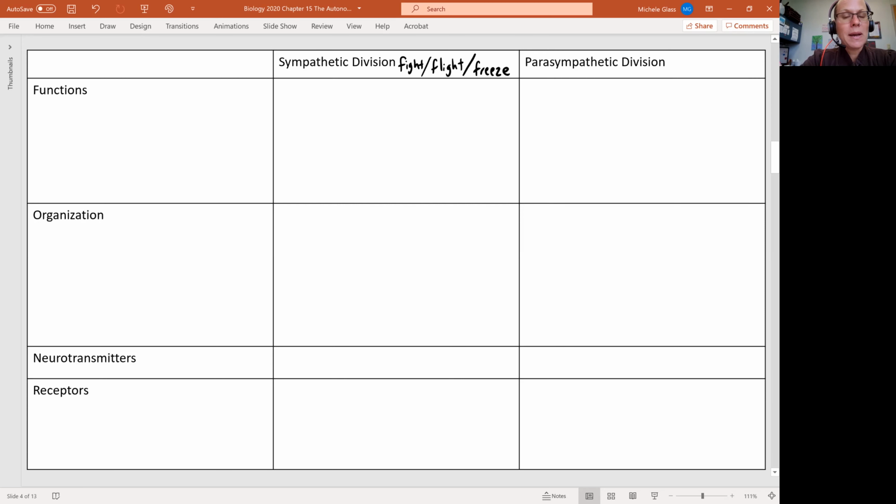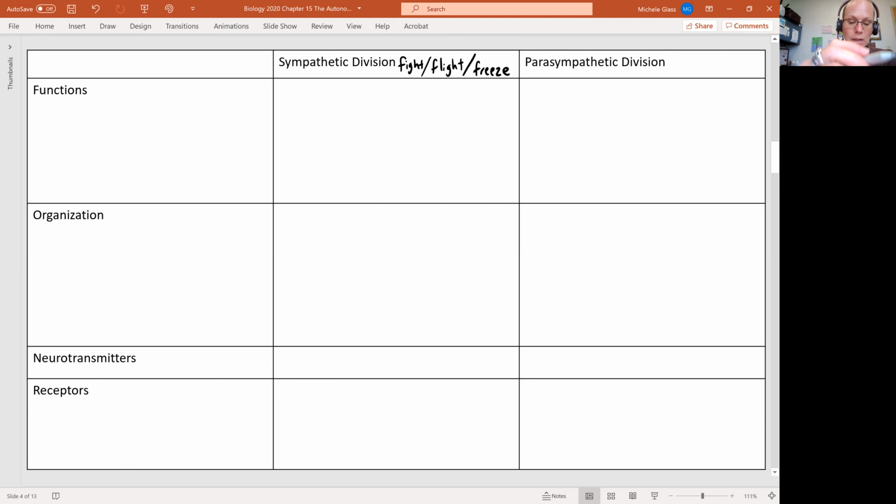When we talk about gearing up the body for these kinds of stressful situations, we should think about activating the body. And we've said in this course, in this context, body is talking about your skeletal muscle, your bone, your skin. So we're really getting that part of our body geared up and ready to go.